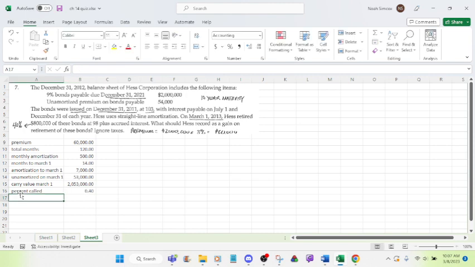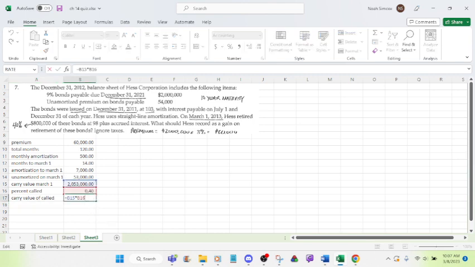So carrying value of all equals this times this, and then selling price equals 0.98 times 800. Oh, come on. And then the gain equals this minus this.